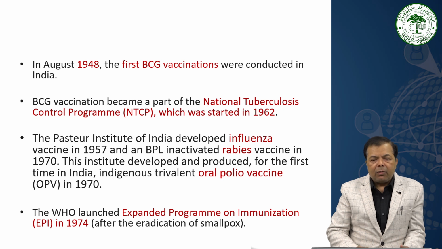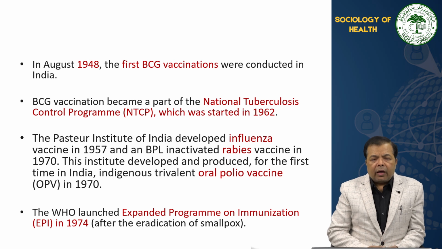So we developed a vaccine for that, and just like that for rabies, and then the oral polio vaccine also, right? So we had this phase which was dominated by the development of certain vaccines and then their application and the efforts to make use of these in disease control programs.